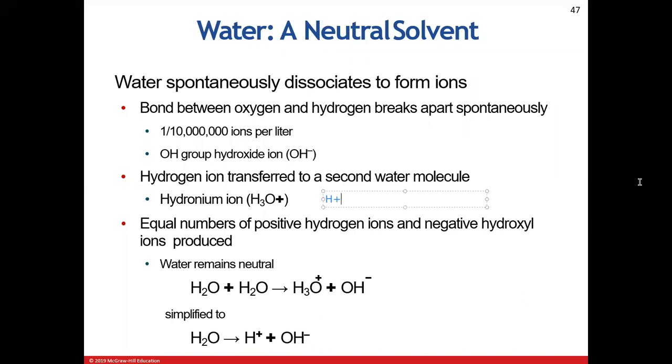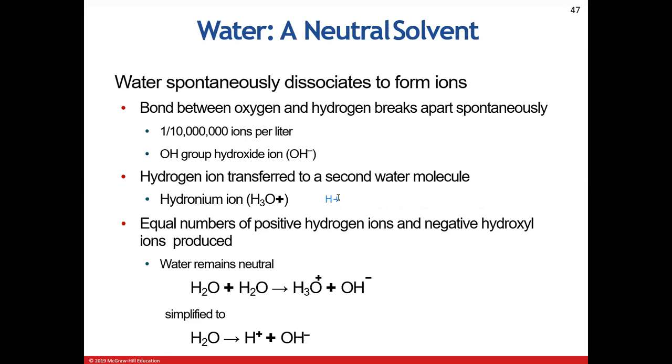Essentially, if you look at H, which is hydrogen, and it indicates a positive charge, when you see that positive charge, it basically means it's lost an electron. So sometimes we'll call this just a proton. But again, it's a hydronium ion. It's got an additional hydrogen ion added to the water, and that therefore gives it a positive charge.